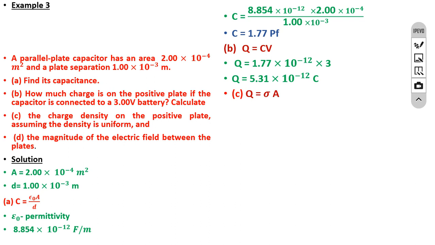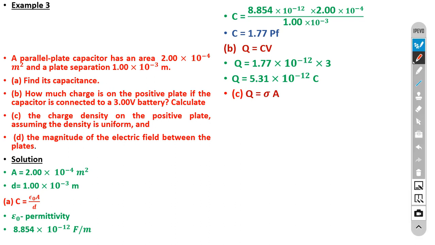The next one said the charge density on the positive plate, assuming the density is uniform. The charge density, sigma, meaning that we are going to make this the subject, is the charge density.